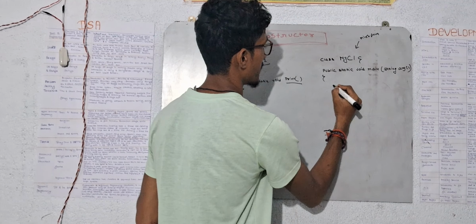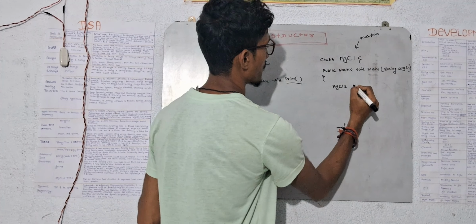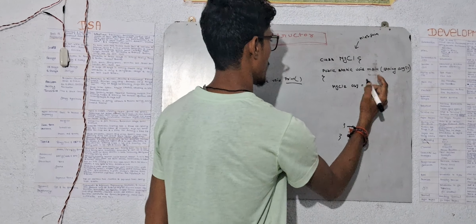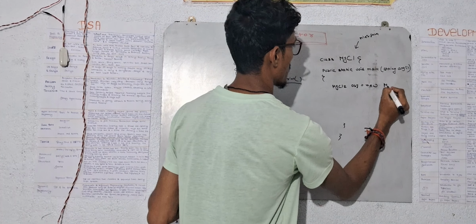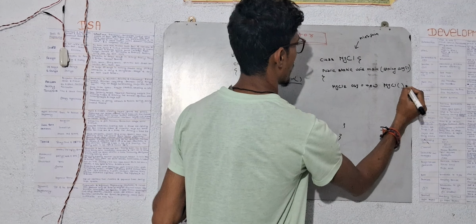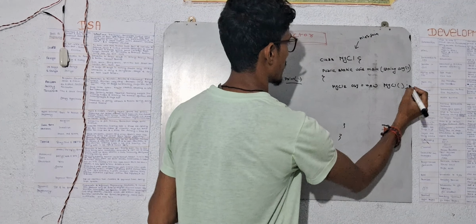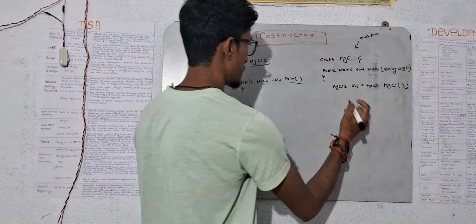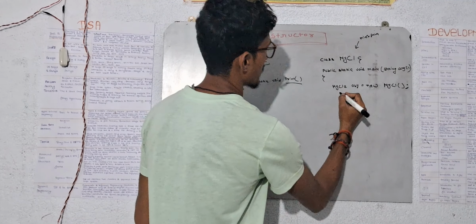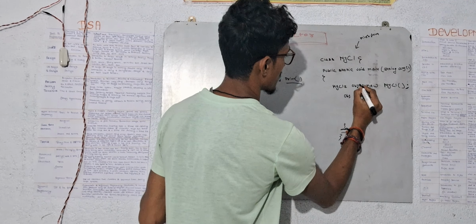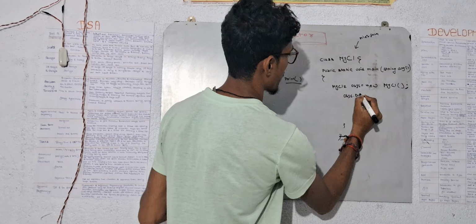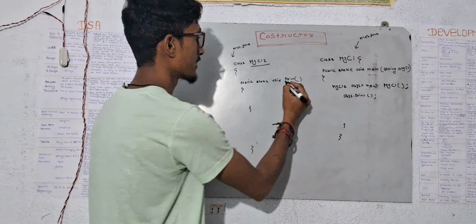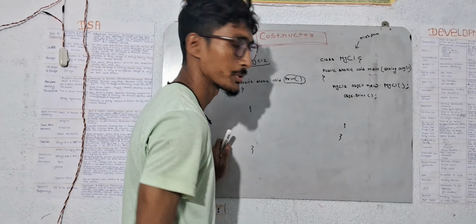So first we need to write mycl2 ob1 is equal to new mycl open close bracket, and then we need to write ob1 dot print. When we write the whole code, then your print function will execute.